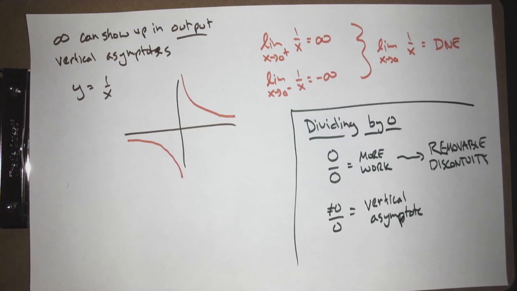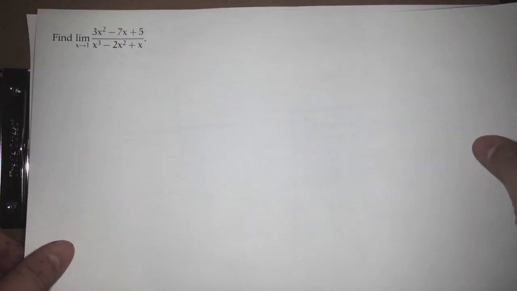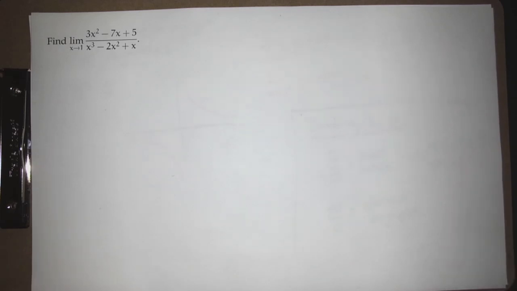All right, we've got a few minutes left. Here's a problem. Find the limit as x approaches 1 of 3x squared minus 7x plus 5 over x cubed minus 2x squared plus x. We'll do this one together. What's happening?